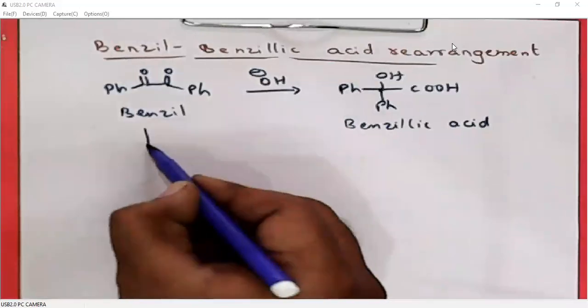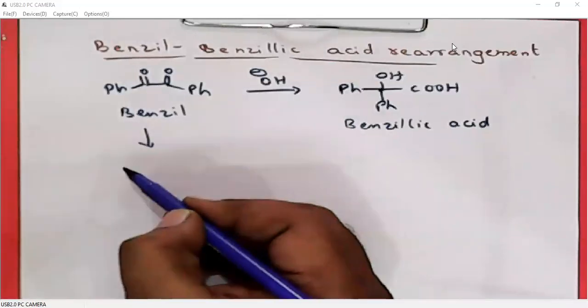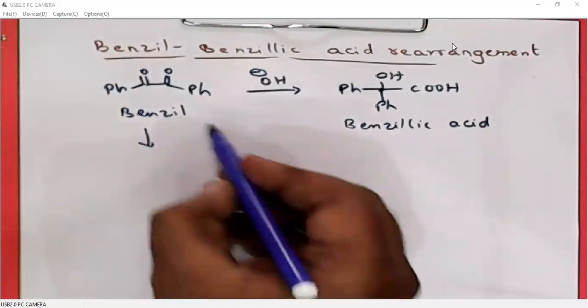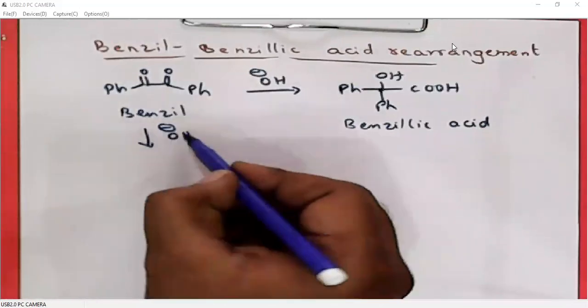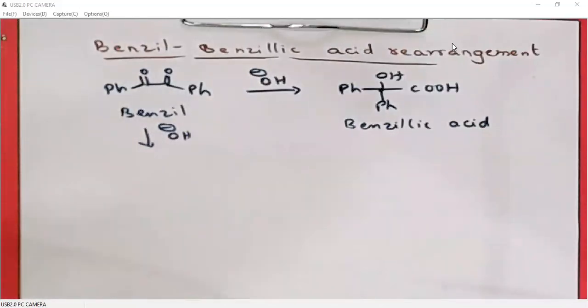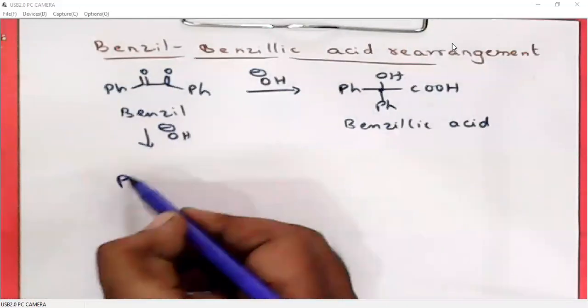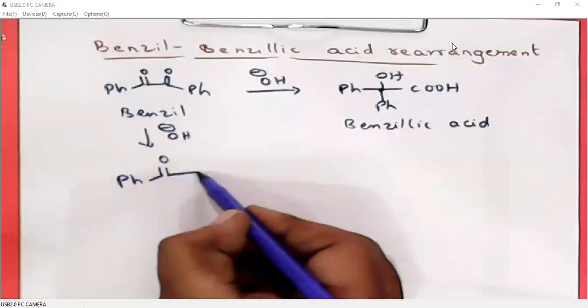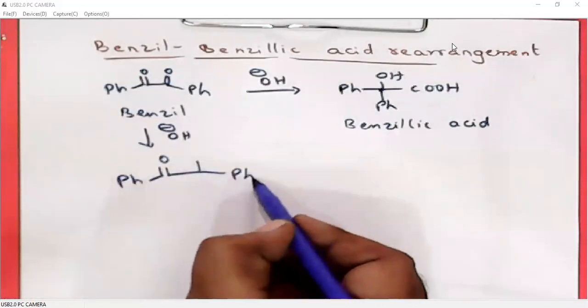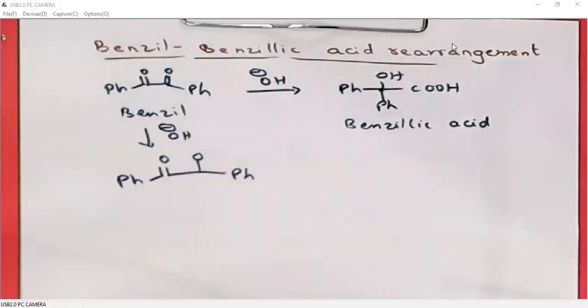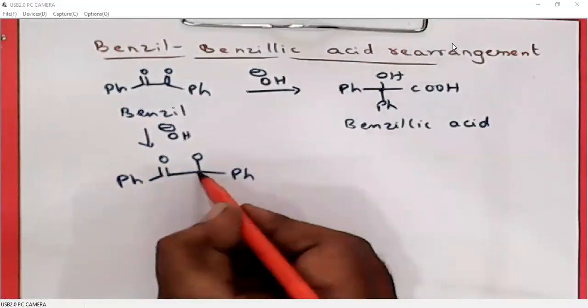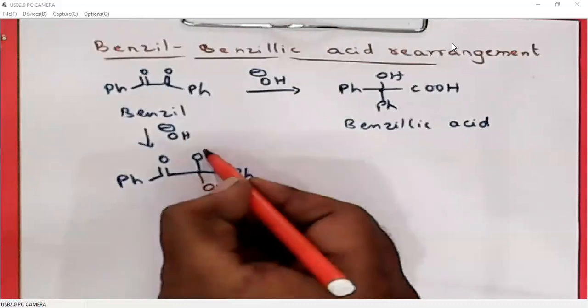Now we will see how this conversion will occur. Under basic conditions, say for example, a hydroxide will attack on the carbonyl carbon. So when it is attacking on the carbonyl carbon, we have O minus.